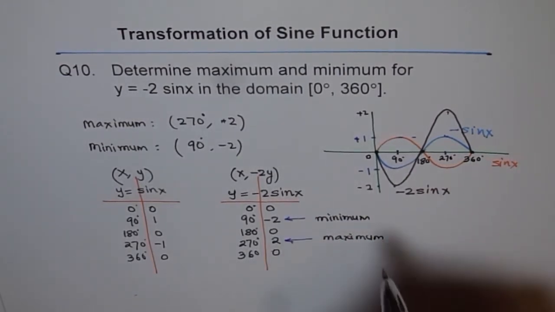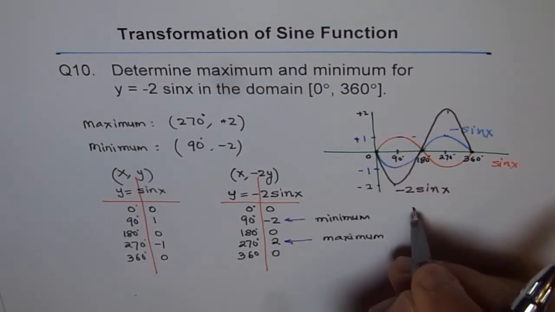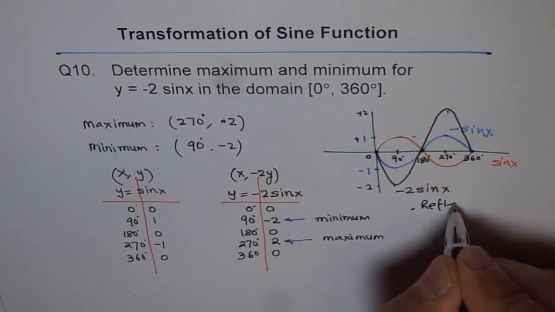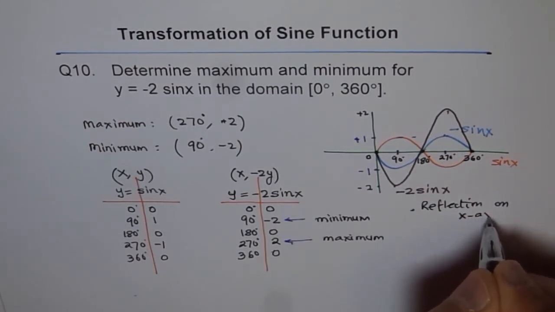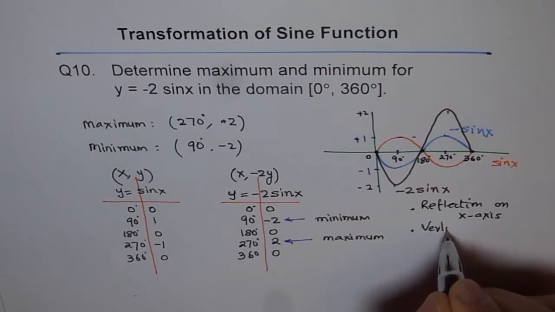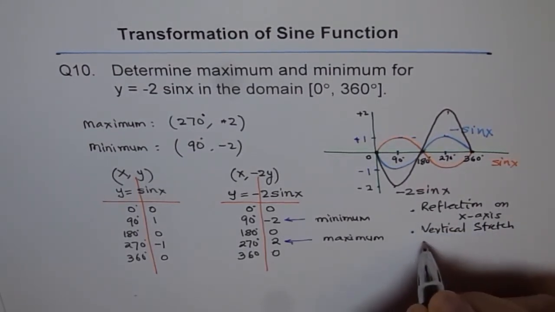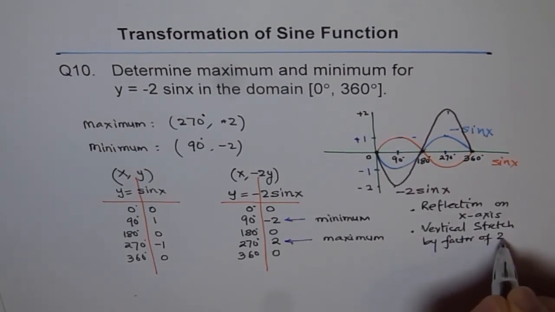So basically we have two major transformations here. One, reflection on x-axis, and second is vertical stretch by a factor of 2, right?